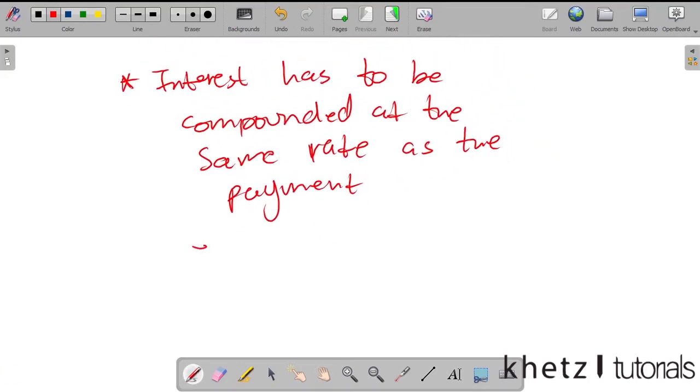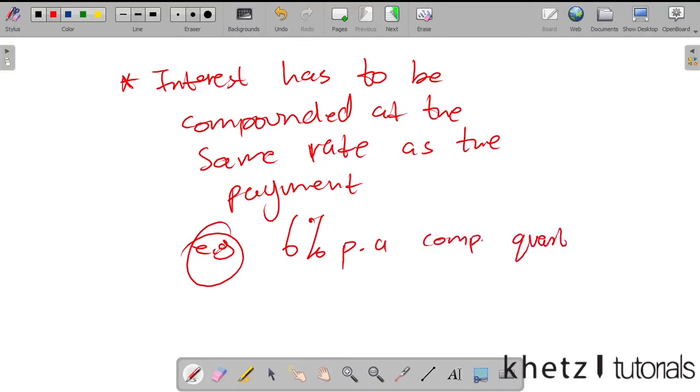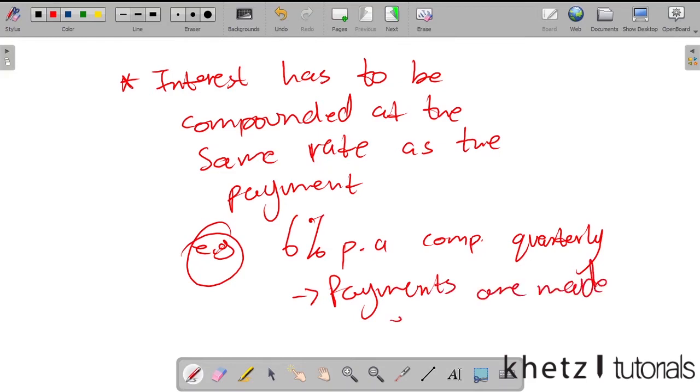For example, just to explain what this means. Let's say you're given an interest of 6% per annum compounded quarterly, and the payments are made each month.